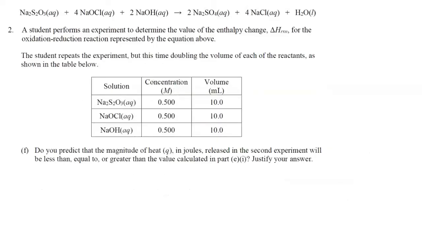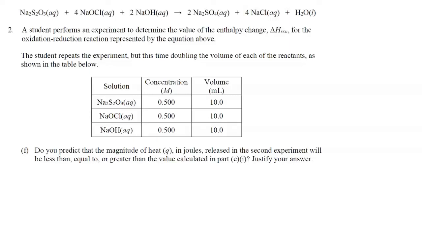All right, let's move on to part F of this question. Now, as you read through parts F and G of this question, it's very important that you understand the difference between Q and delta H. So Q represents the amount of heat that is either absorbed or released in a particular experiment.